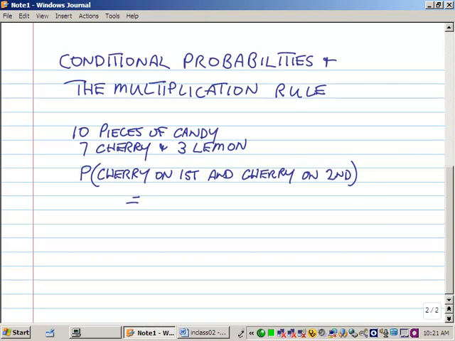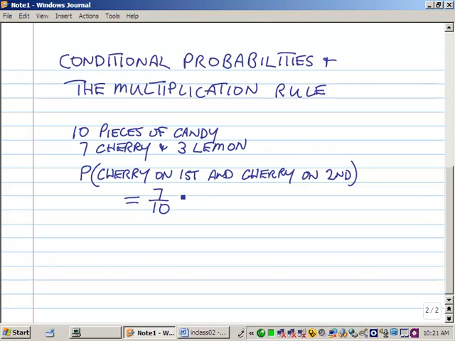Right, and from what we've seen already in the previous lecture, the probability of getting a cherry on the first, well, there are 7 cherries available to be selected out of 10 possible choices, so there's 7/10, or 70% probability of making that first selection.